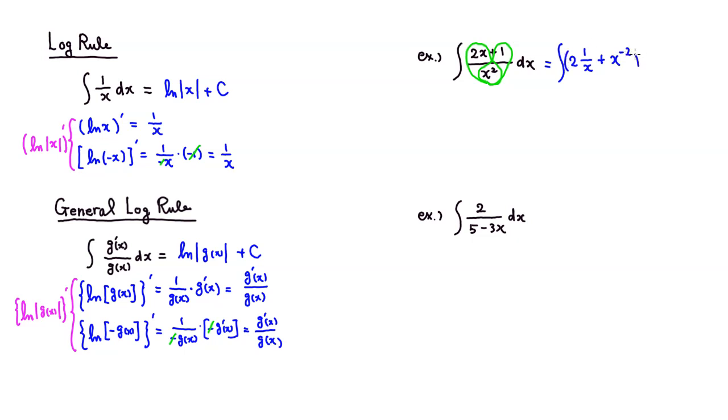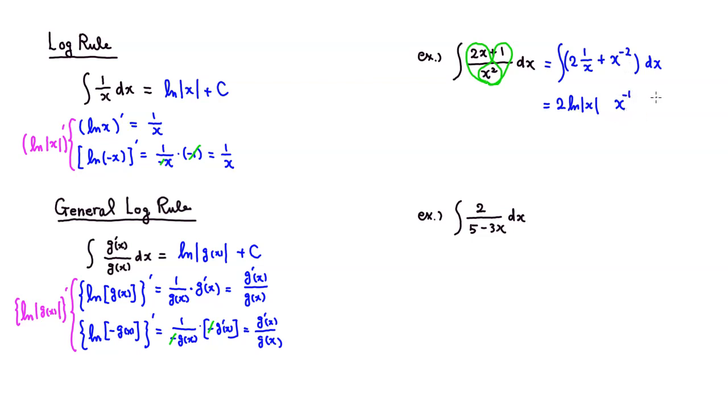Then we just have to find the antiderivative. 2 is a constant multiple, so we put 2. The antiderivative of 1 over x is the natural log of the absolute value of x, as we just learned. The antiderivative of the other term is to add 1 to the power, so you have x to the negative 2 plus 1, which is negative 1.